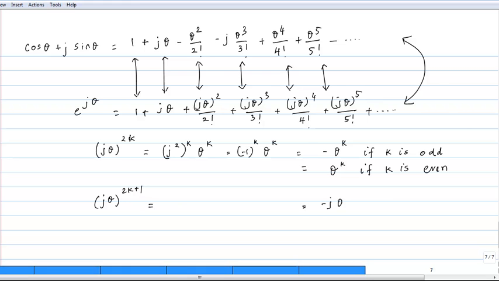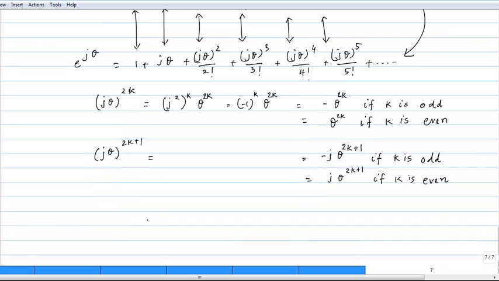So you get negative j times theta to the 2k plus 1 if k is odd, and j times theta to the 2k plus 1 if k is even. So we're going to see that you're going to get alternating positives and negatives, which matches up exactly with the expression for cosine theta plus j sine theta.